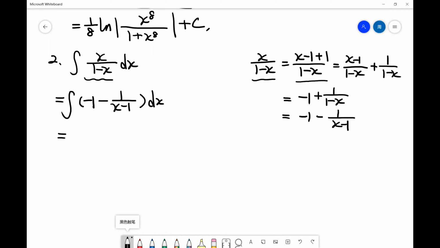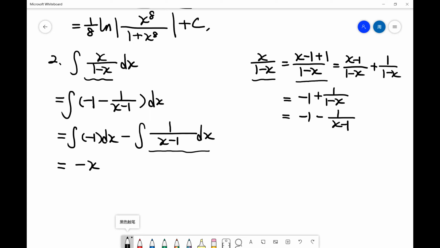And here we can separate it into two parts. The first is minus 1 dx, right? And the second is 1 by x minus 1 dx here. So the first part, I think you know that equals minus x, right? And the second part, you can use two ways to solve it. The first, you can let t equals x minus 1, right?